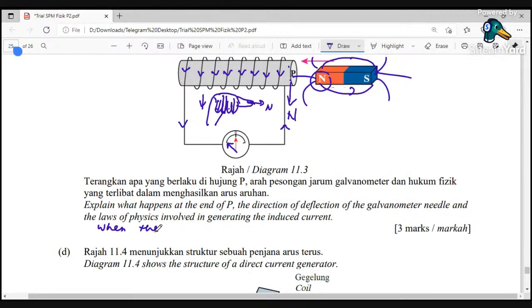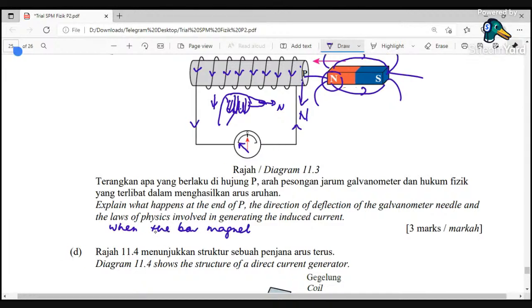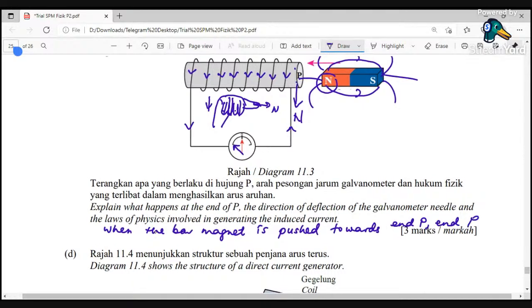When the bar magnet is pushed towards NP, NP becomes north pole.